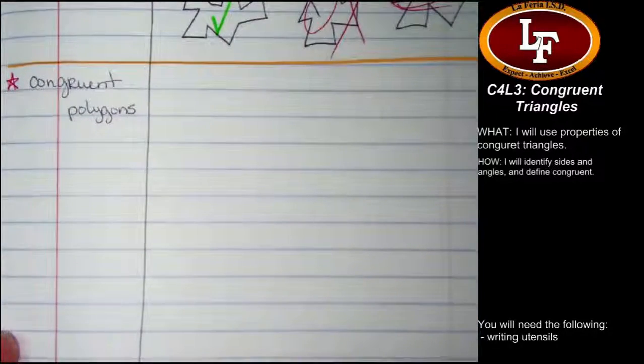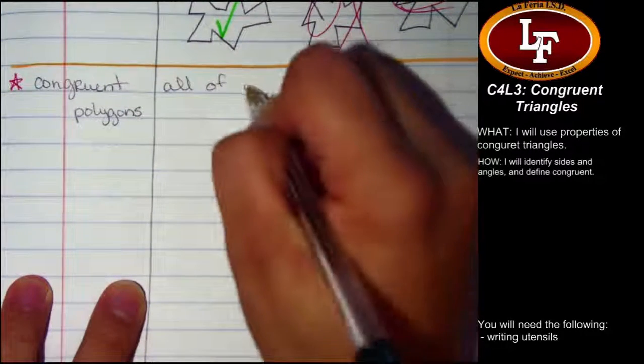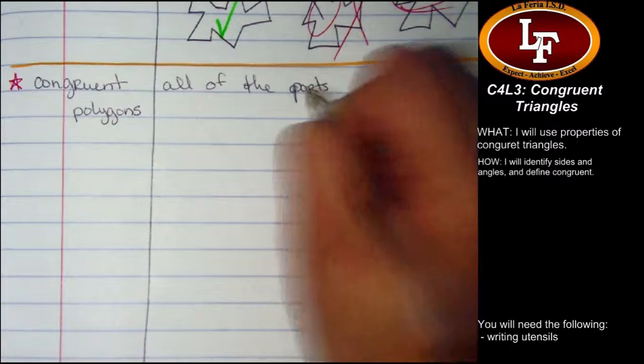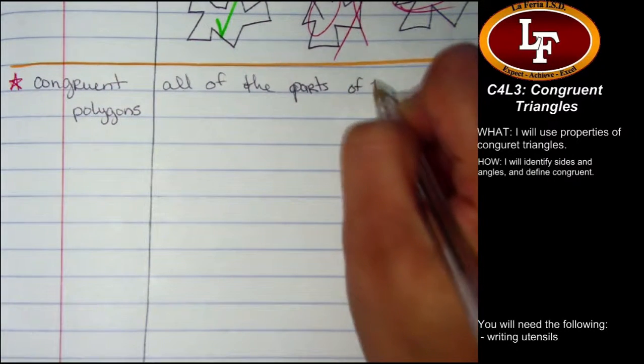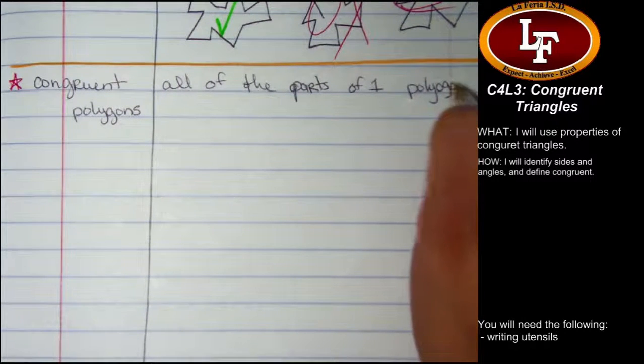Okay. Congruent polygons happen when all of the different parts of one polygon are congruent to the corresponding parts of another polygon. I can't write today.